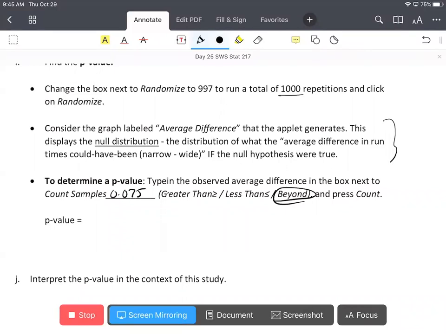In other words, different, how many are there that are more extreme than what we found in our study? So our p-value was calculated as 2 out of 1,000. Remember there were 2 that were at 0.075 or more extreme, and that became 0.002.